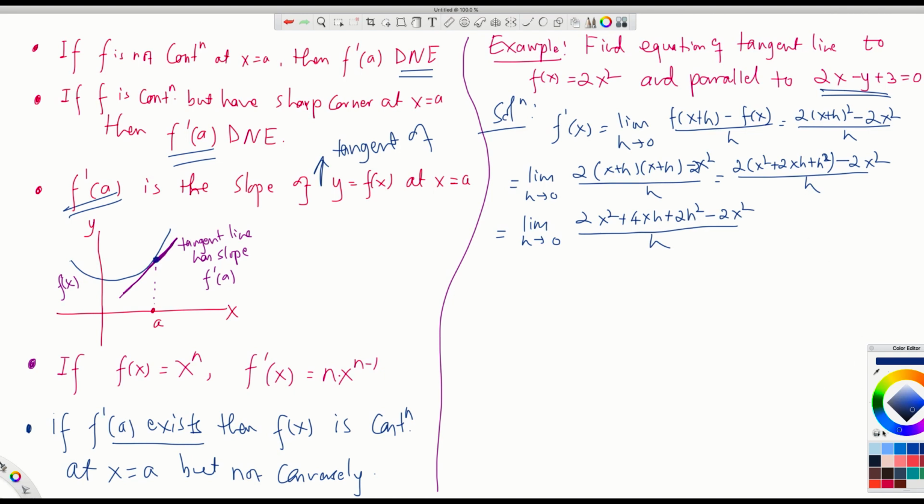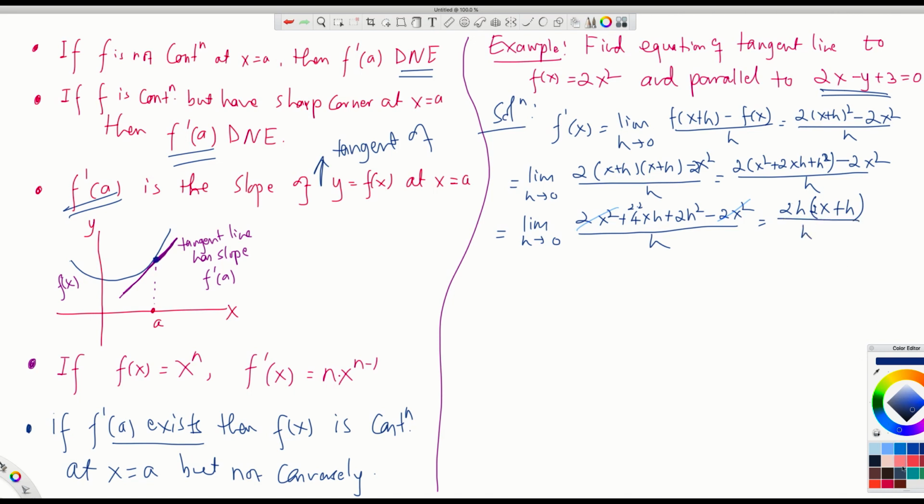You see there is something you can cancel out, negative 2x squared and positive 2x squared. What is left is 4xh plus 2h squared. Now I want to factor that out. You can write 2h out, and then 2x plus h, because if you take 2h out, 4 is 2 times 2, so 2h out, and 2x and h left there, divided by h.